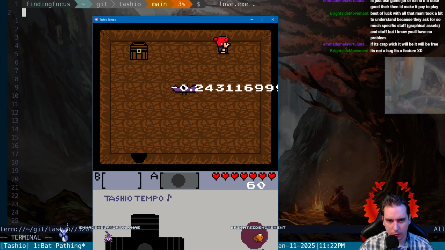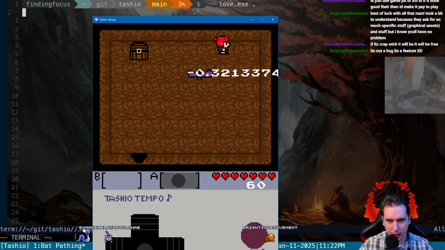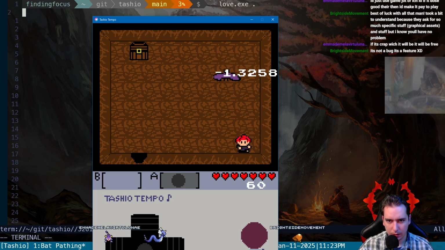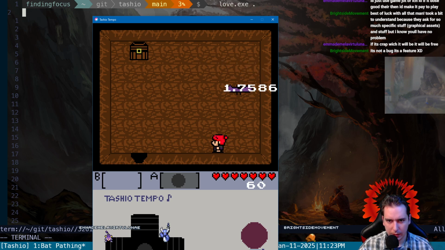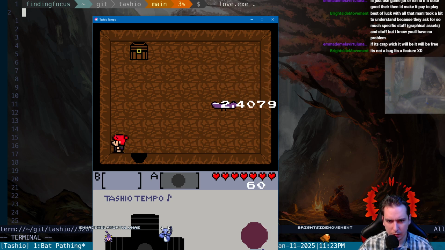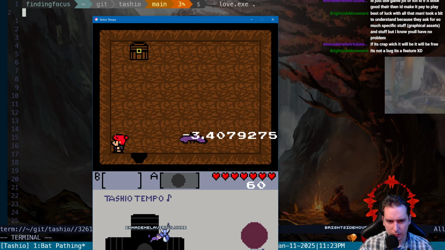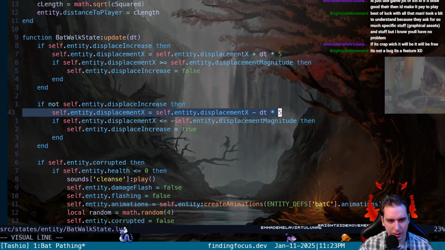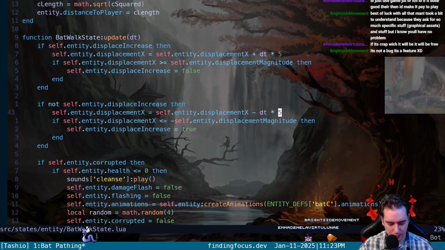I do like that it's not as straight a line as it used to be. But then again, you know what? I've got to turn the numbers off, because I can't see what I'm looking at.